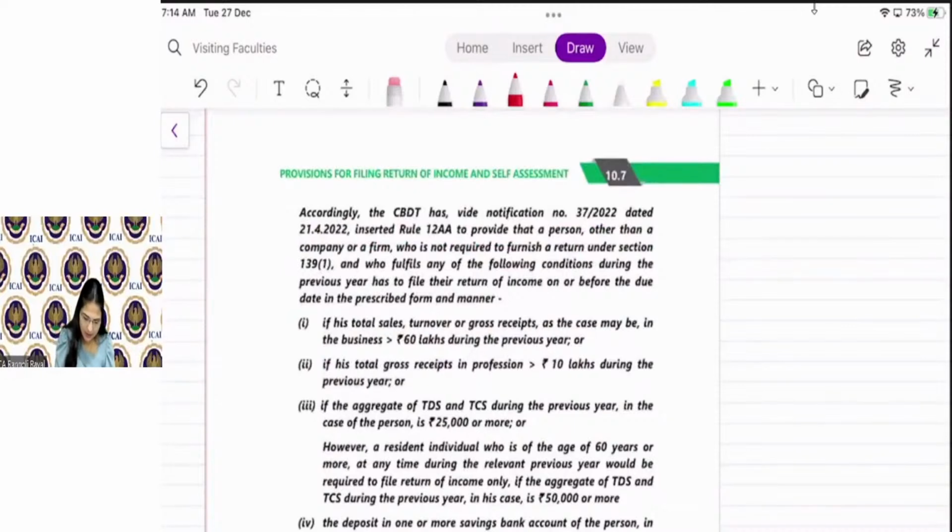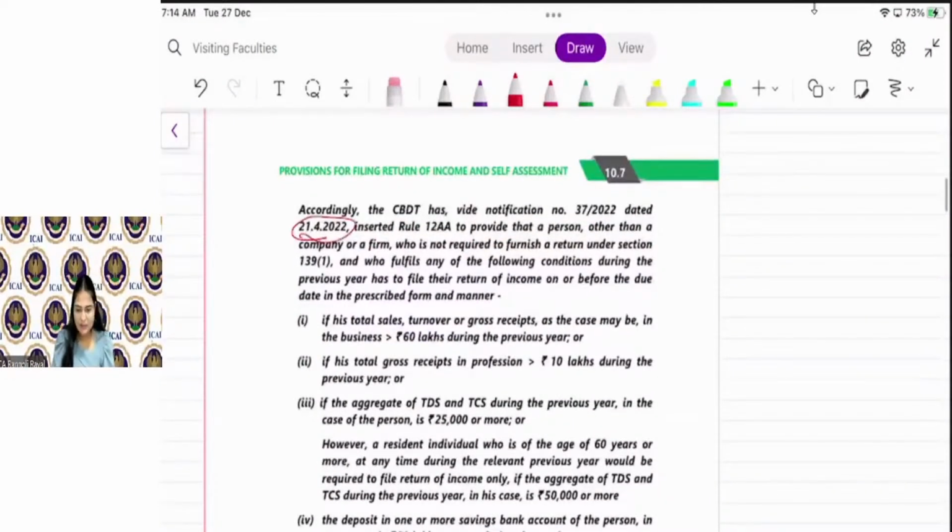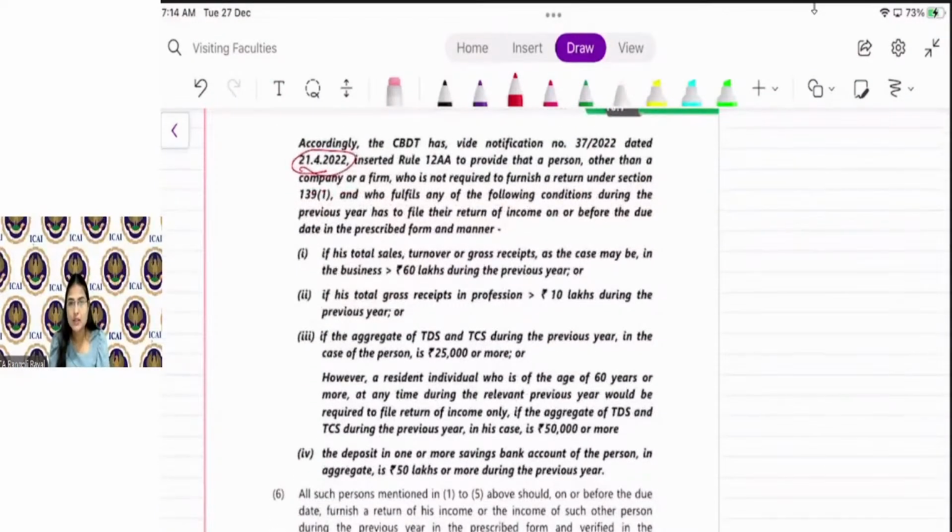It is the latest notification given by the CBDT on 21st April 2022. That is, if you are not required to file return of income due to any of the above reasons, then you have to file your return of income before the due date if your total sales, turnover, or gross receipt, as the case may be, in the business is greater than 60 lakh during the previous year.